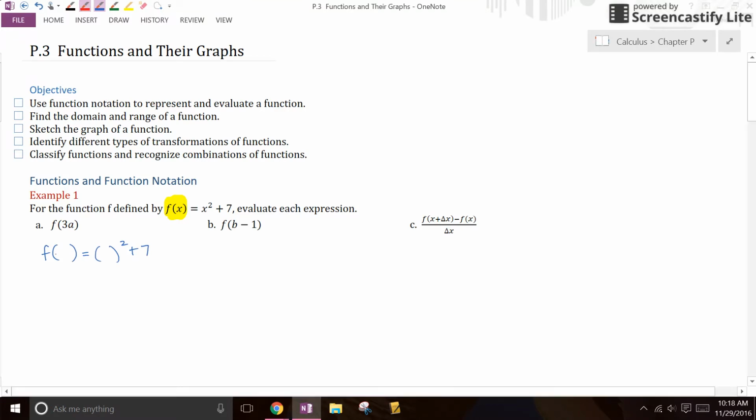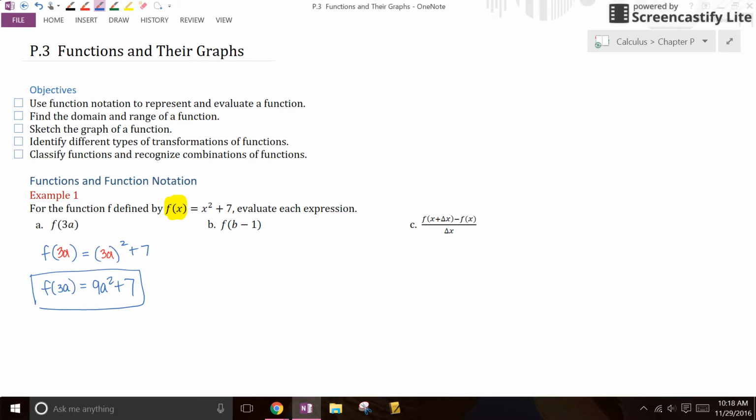You want me to do a 3a. So f of 3a is equal to 3a squared plus 7. And now be careful with the parentheses there. It's kind of important that you simplify this correctly and you get this down to 9a squared plus 7. And you're like, yay, there's the function evaluated with a 3a in its place. So in other words, I took the x out, I put a 3a in its place.